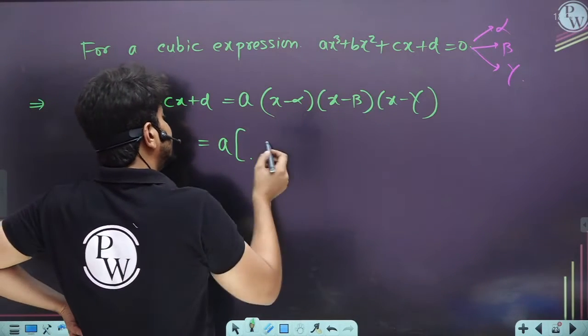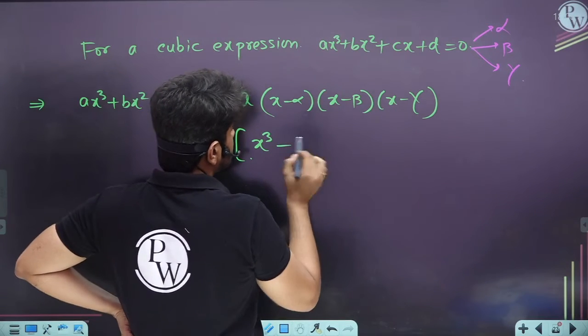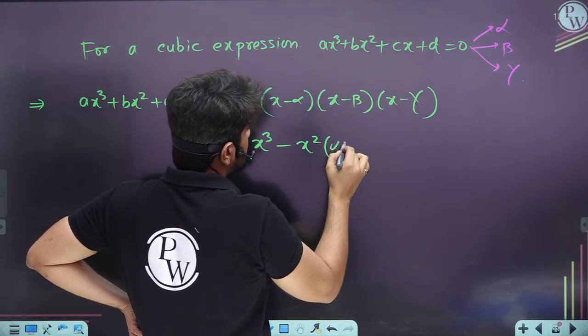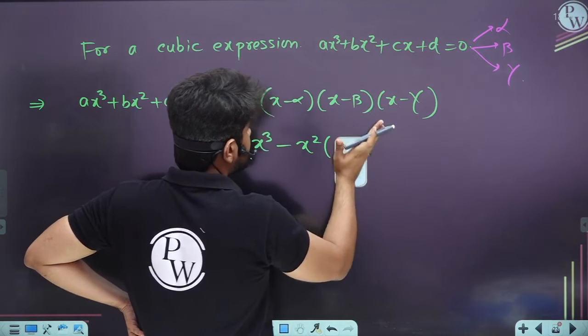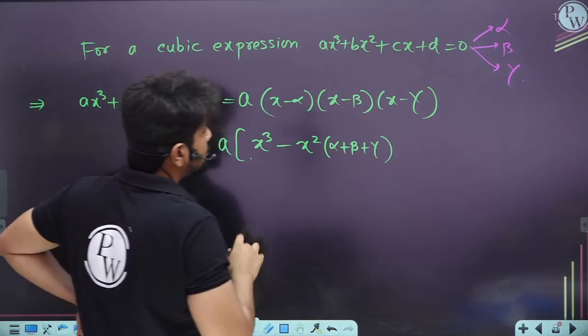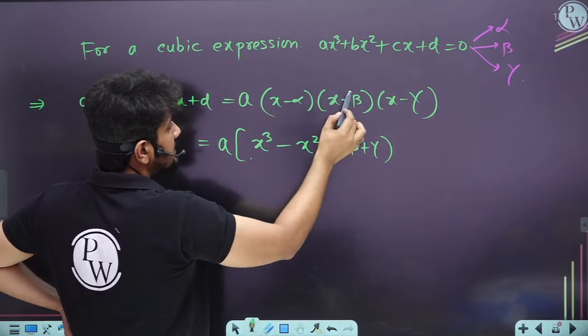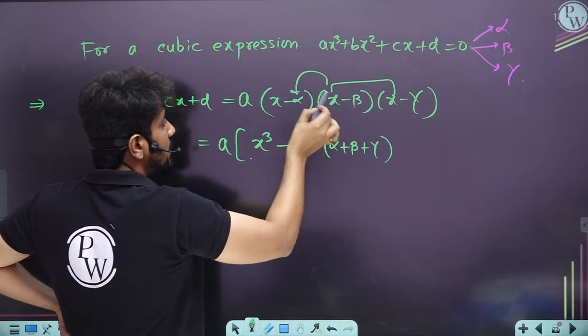So if I multiply these three, we get x cube minus x square times (alpha plus beta plus gamma), plus x times (alpha beta plus beta gamma plus gamma alpha), minus alpha beta gamma. See, the coefficient of x square will be what? We have x into minus alpha, so x square into minus alpha.